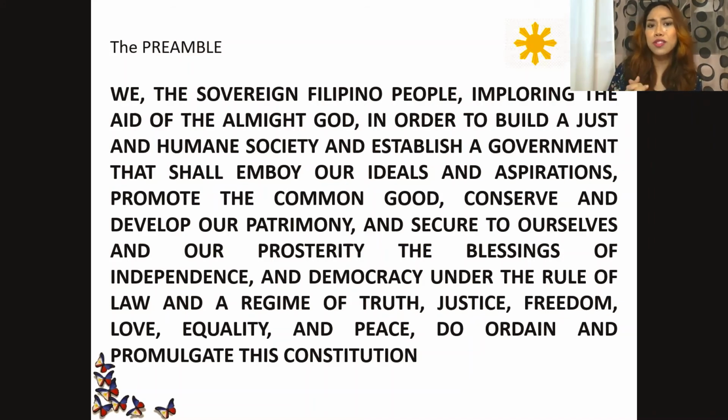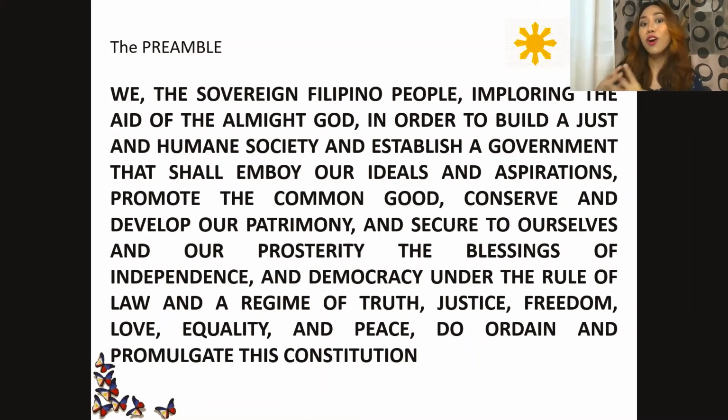The first purpose of the preamble is to remind everyone who is the source of the powers granted in the Constitution, or who is the source of the Constitution. And as we read in the preamble, it says, we the sovereign Filipino people.